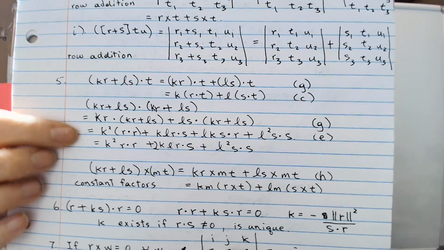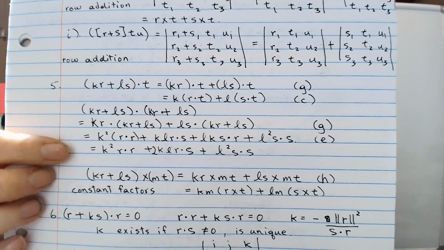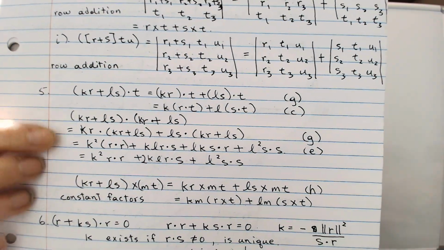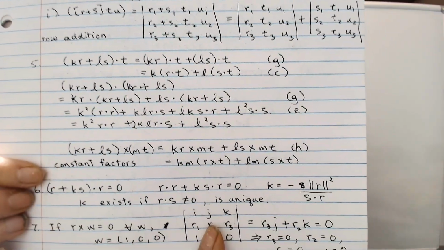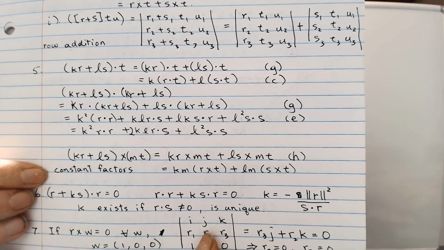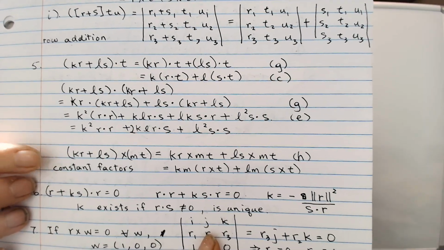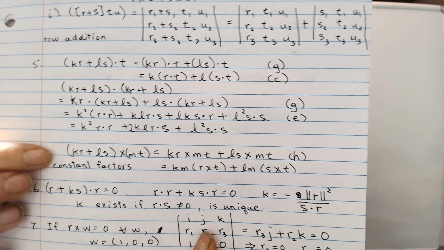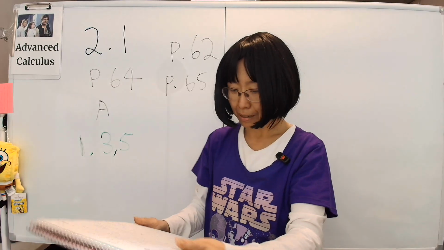The thing is, we're doing dot product, and dot product for the most part acts almost identically to normal multiplication, so everything worked out very nicely. Of course, the cross product doesn't, so we have to be more careful. But in this case, it still works out about the same. I think I use property H, and I end up with that, and I guess that's good enough. Okay, so that's problem 5.